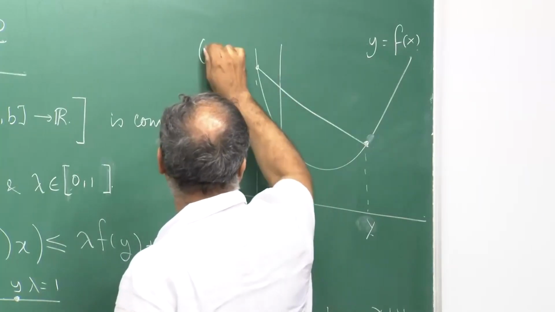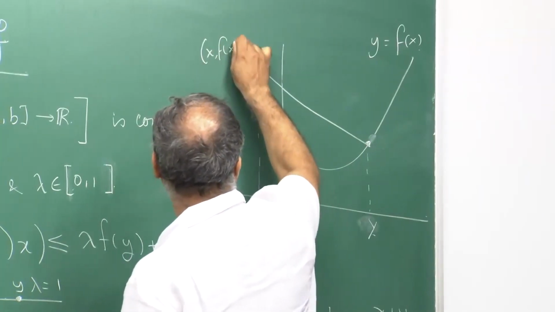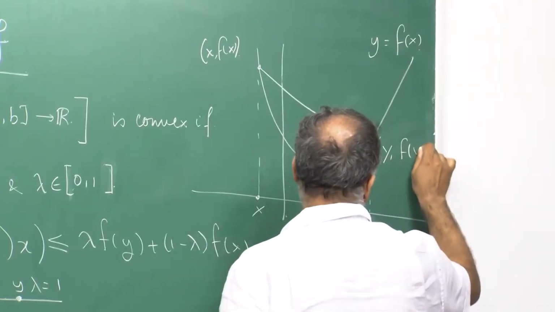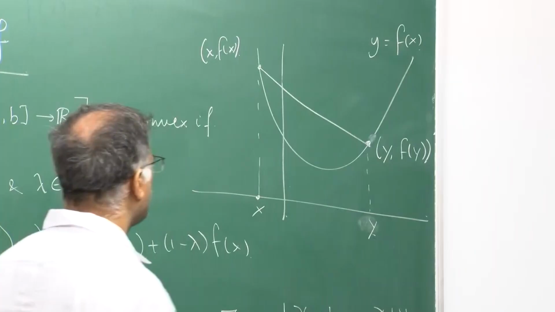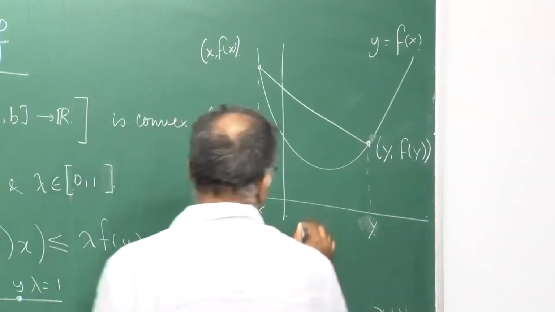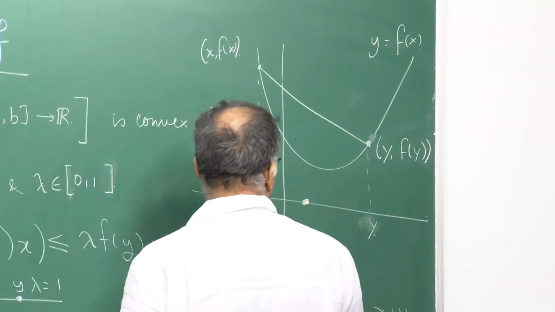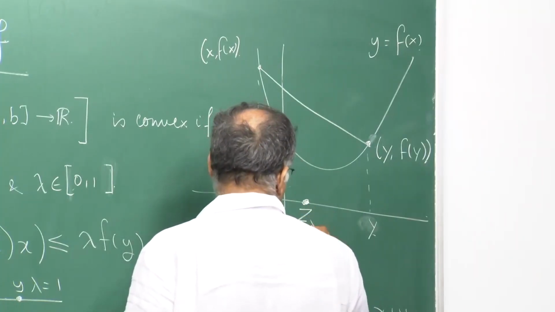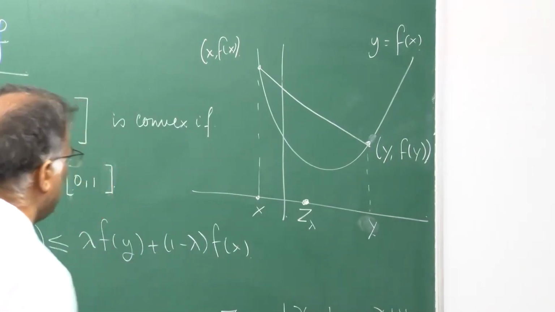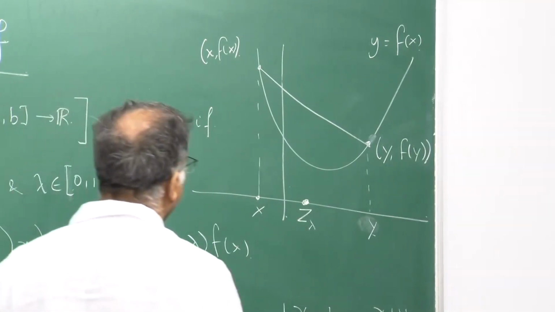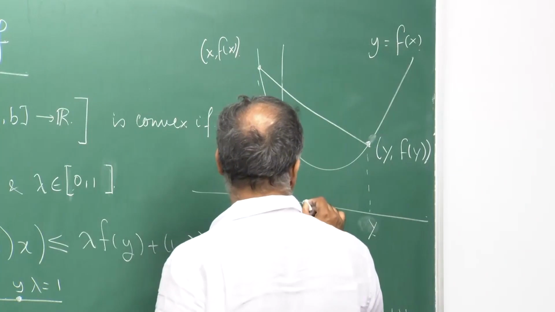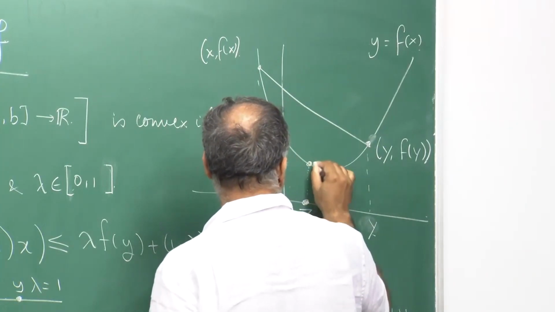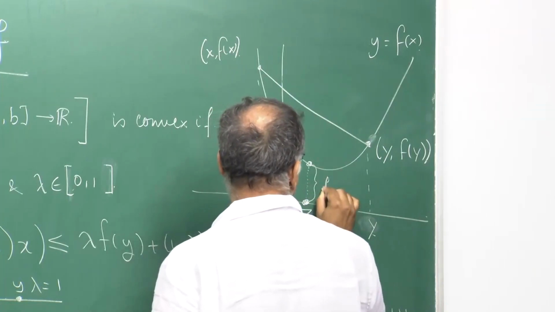So, this is my x, f of x, and this is my y, f of y. So, let me take some z lambda. So, this is z lambda, that is lambda x plus 1 minus lambda y. So, what is the value of f of z lambda? This is the value of f of z lambda.